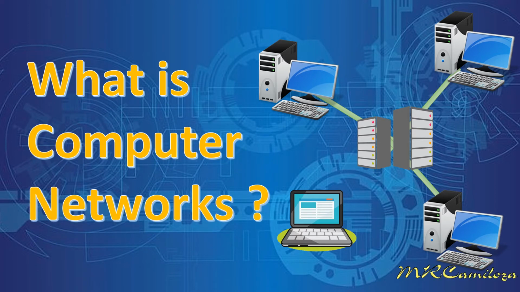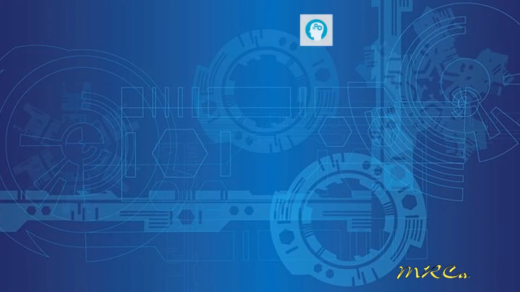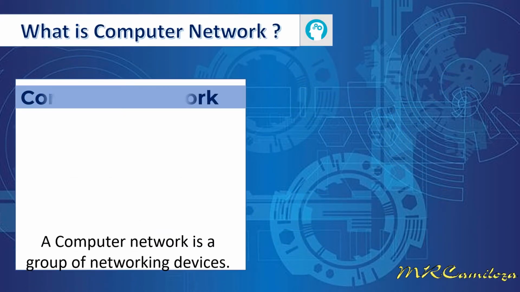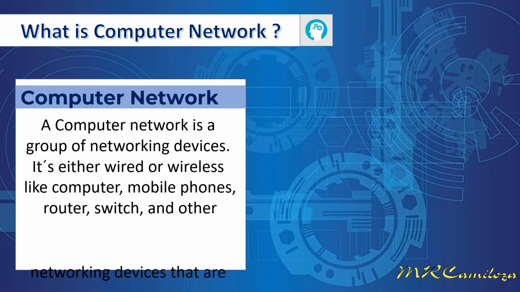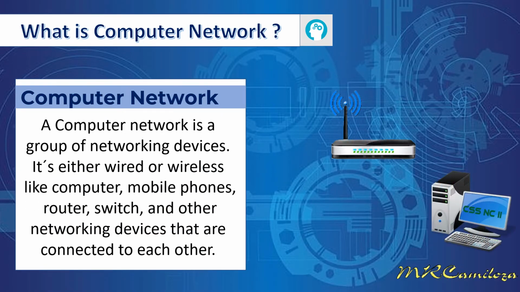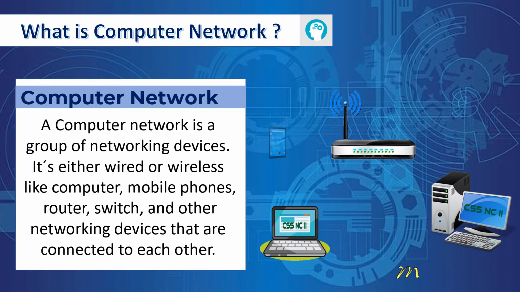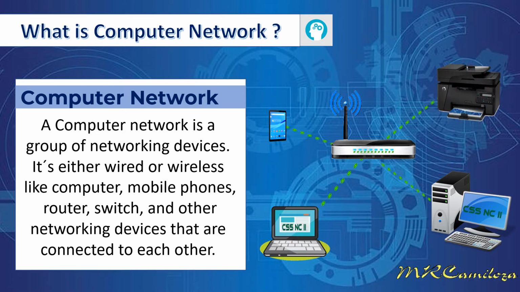So, what is a computer network? A computer network is a group of networking devices, either wired or wireless, like computers, mobile phones, routers, switches, and other networking devices that are connected to each other.